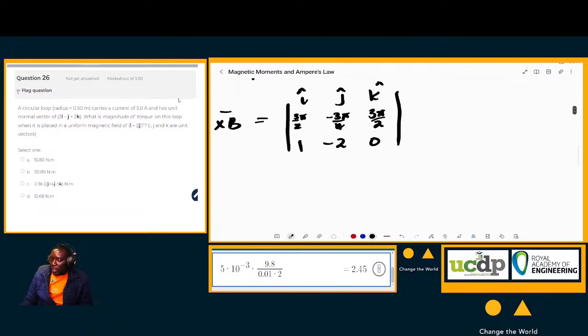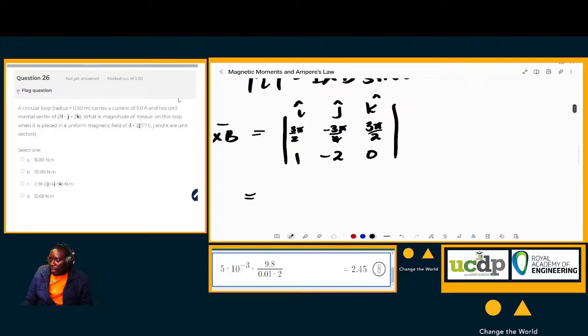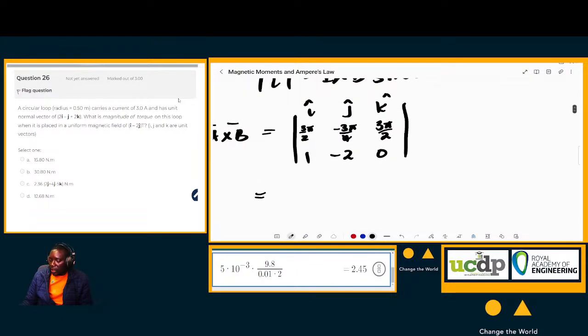Then we take the determinant of this cross product.